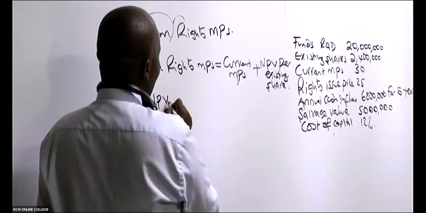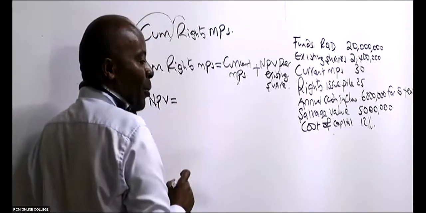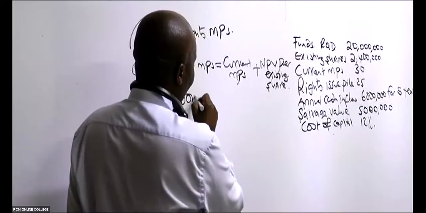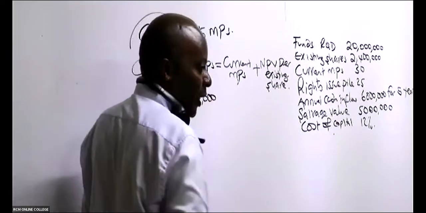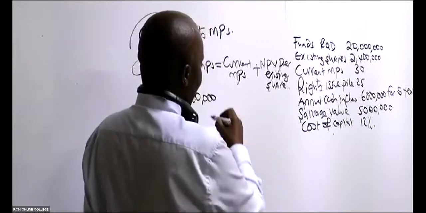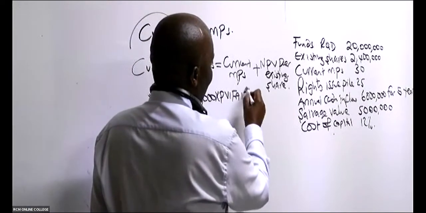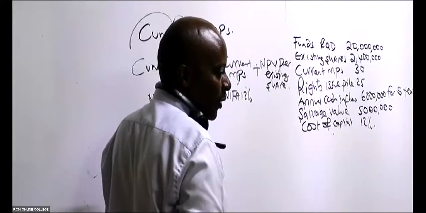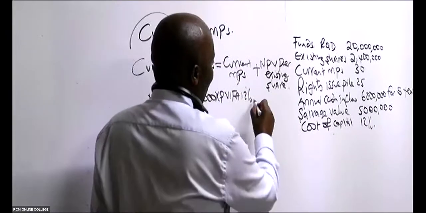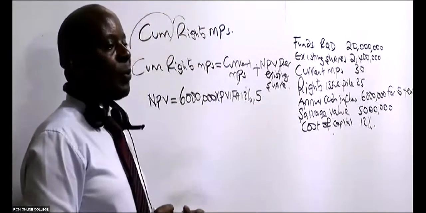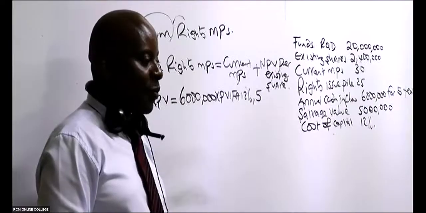So the net present value, we know that the project will be giving us an annual cash flow of how much? 6 million, isn't it? And this is an annuity, so times PV-FAR. Remember they have given us cost of capital, 12%, for 5 years. Do we expect any other cash flow apart from this annuity?